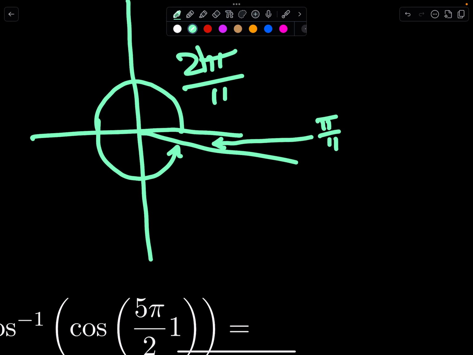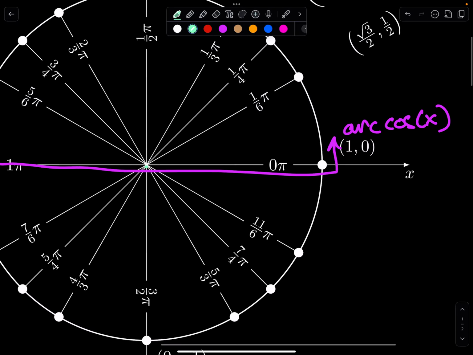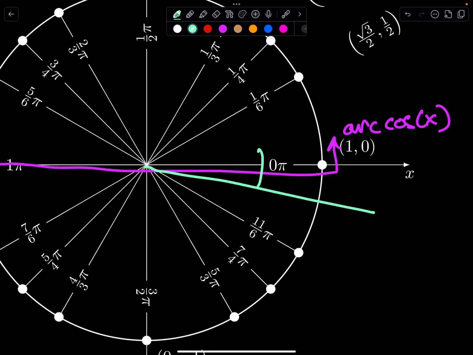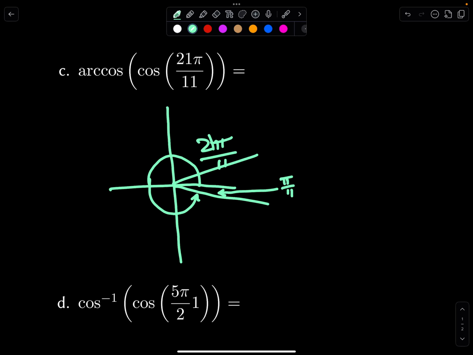If I did a full circle, it would be 22 pi over 11. Then we have to recognize that we're in the wrong quadrant. We're down here, and I need to move this thing up there. I'm going to have the same angle, but it's going to be up in quadrant 1. So this will be right here, and this will also be pi over 11. So that'll be the answer, pi over 11.